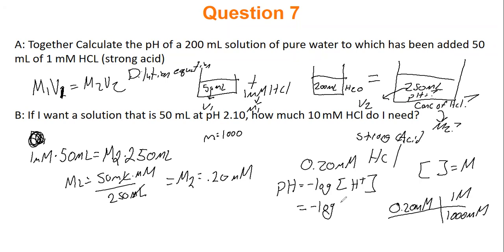So this is minus log of 0.20 times 10 to the minus 3. Let me get out my calculator. Minus log of 0.2 times 10 to the minus 3. The pH of this solution is 3.7.